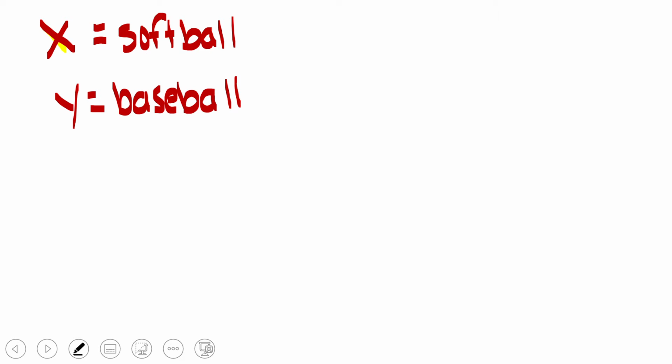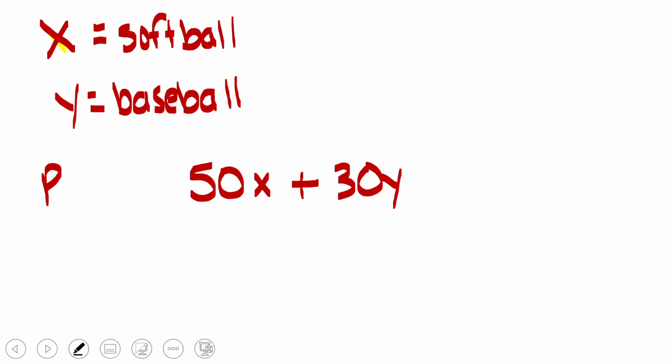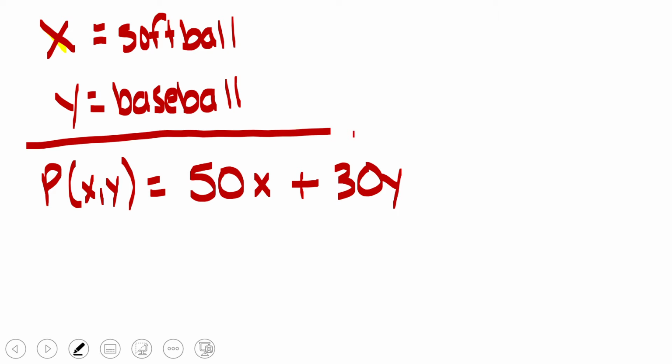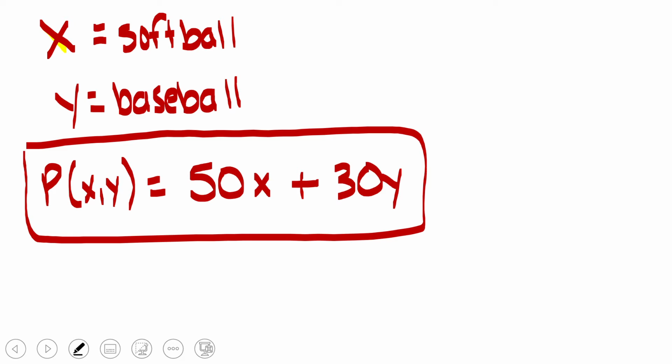Every time they make a softball glove, they make $50, and every time they make a baseball glove, they make $30. This is the profit margin expression. We're going to come back to this and use it at the end of our problem.